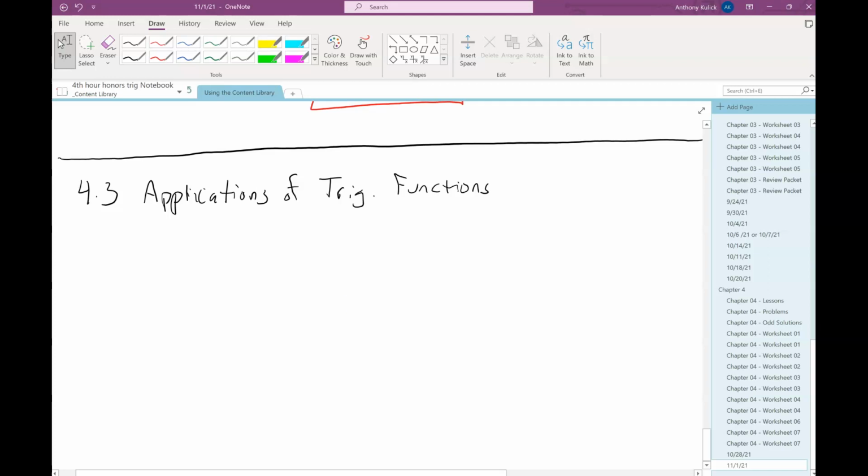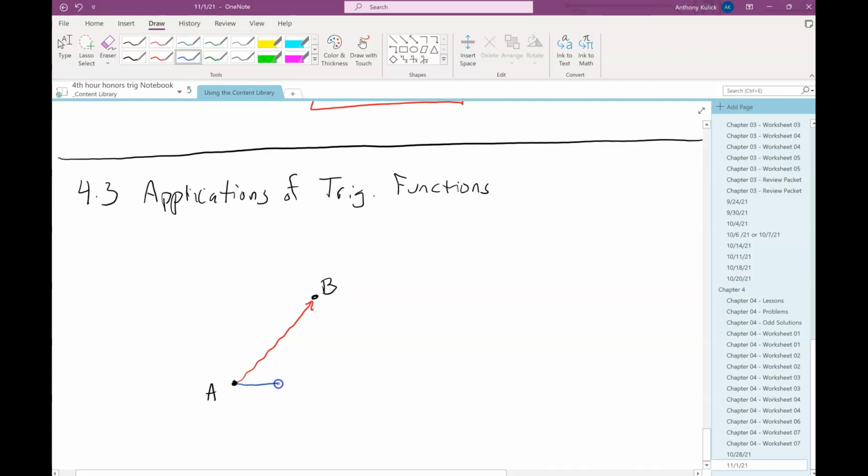In section 4.3, we're going to talk a little bit about applications. One of the important applications for trigonometry is it allows us to take a complex movement and break it down into easier to deal with components. So for example, if we had point A and point B, we could describe going from point A to point B following that path.